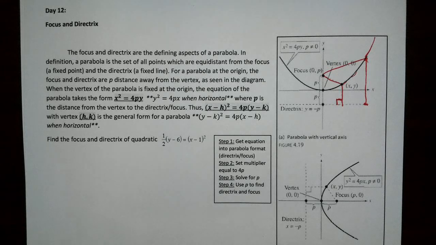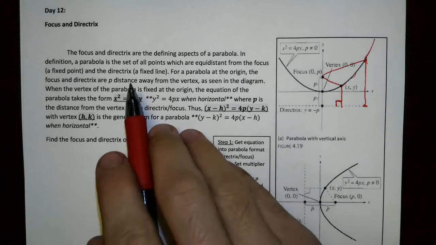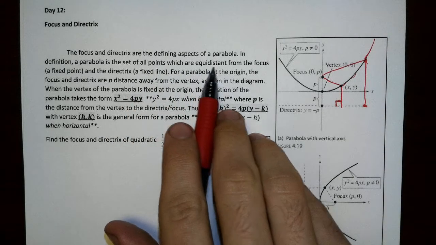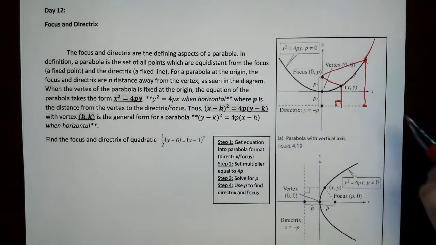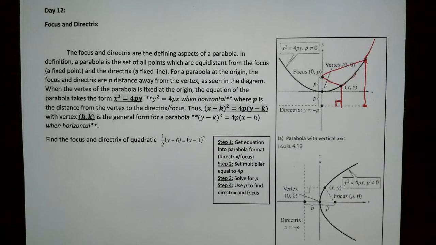So, for a parabola at the origin, just taking the simple case of it, the focus and directrix are distance p away from the vertex, as seen in the diagram. Now, I want you to ask, why is this? Think about why this needs to be the case. Why this needs to be the case is because we are finding the set of points which is equidistant, equal distance from our focus and our directrix.